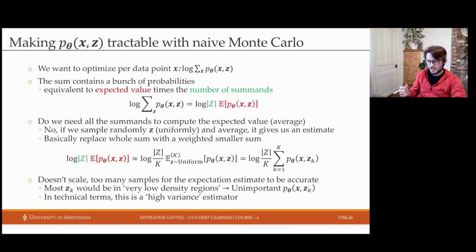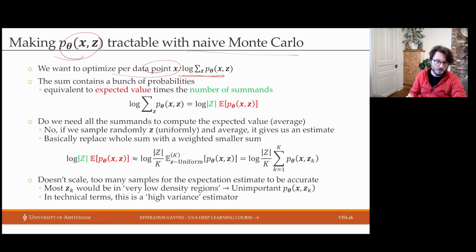So how do we make things tractable? In the previous lecture with the Boltzmann machines, we saw a few ways to address intractability. In this case, one way is to resort to naive Monte Carlo. So for each data point x, again we take the log sum. Now, for simplicity of notation, we ignore the external sum over all data points.